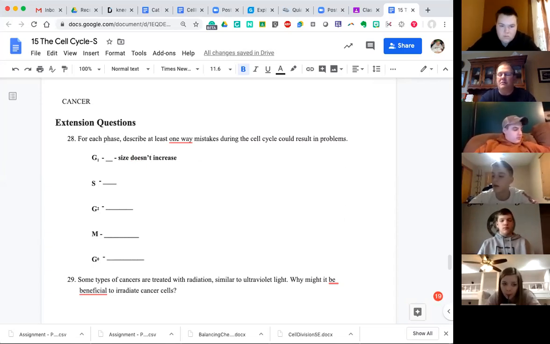During synthesis, this is where DNA is being copied. What could happen? It could damage the cell so that when it went through mitosis, it would create mutated cells. Okay.